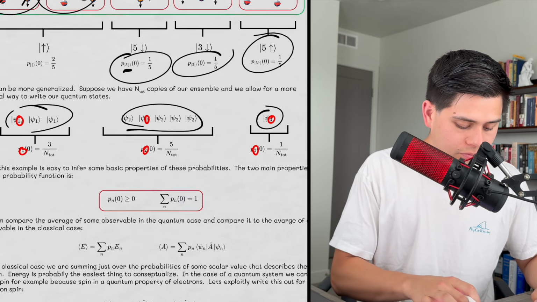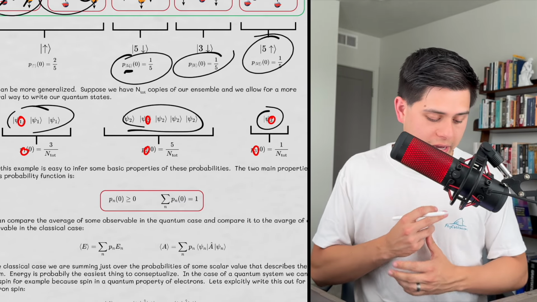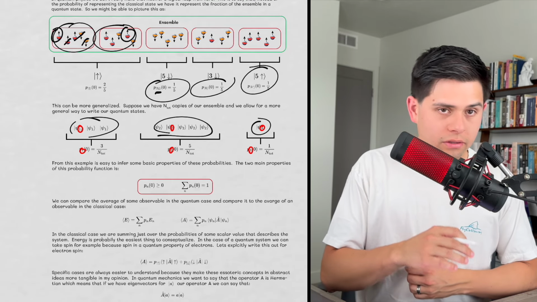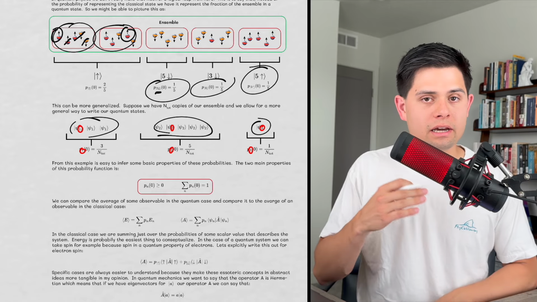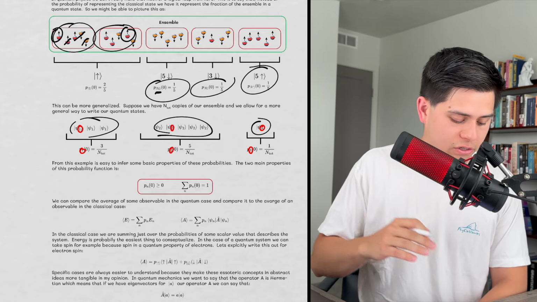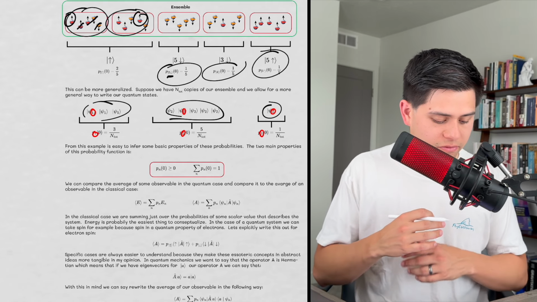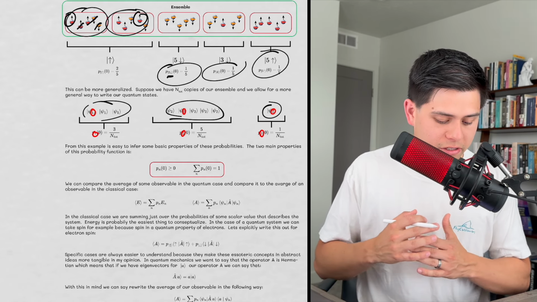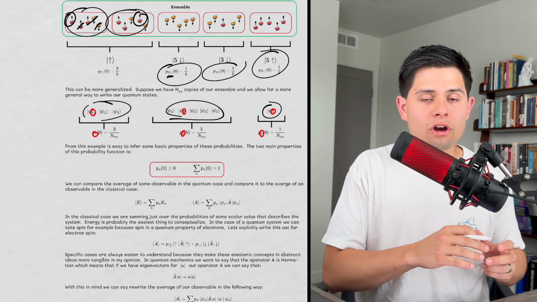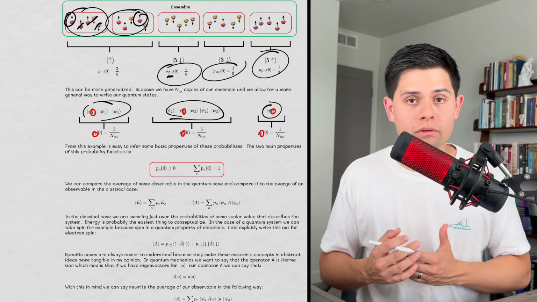All right. Okay. So notice something, that the sum of P_n at time 0, or at any time, is 1, right? So from this, it's fairly easy to infer some basic properties here, that P_n of 0 is always greater than 0, right?